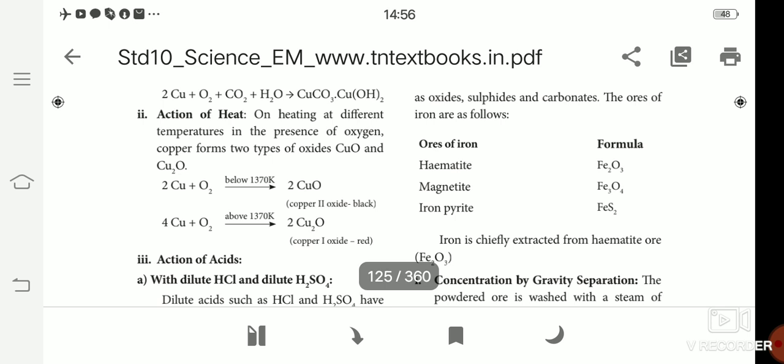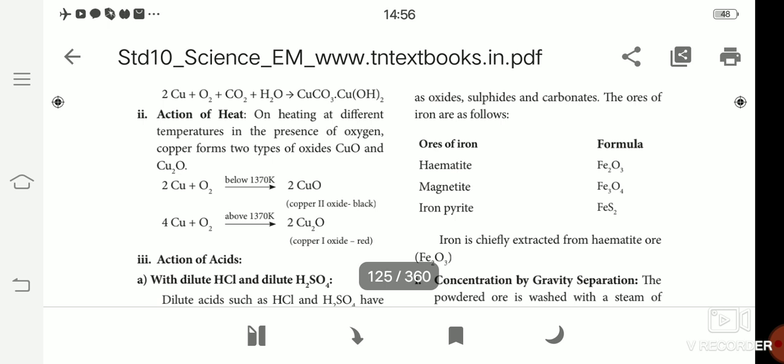Then the next reaction, copper reacts with dilute nitric acid, HNO3. Hydrochloric acid HCl, sulfuric acid H2SO4, nitric acid HNO3. The copper reacts with dilute nitric acid with the liberation of nitrogen dioxide. In the first reaction, hydrochloric acid, there is removal of a water molecule.